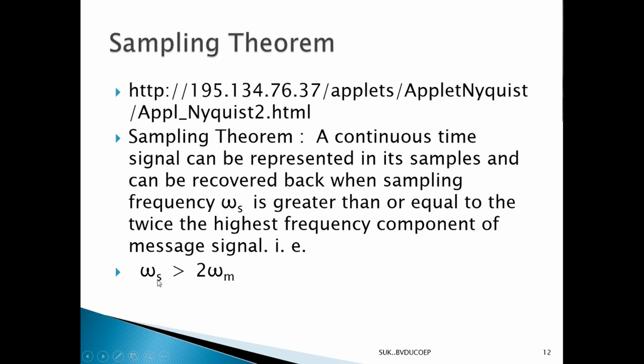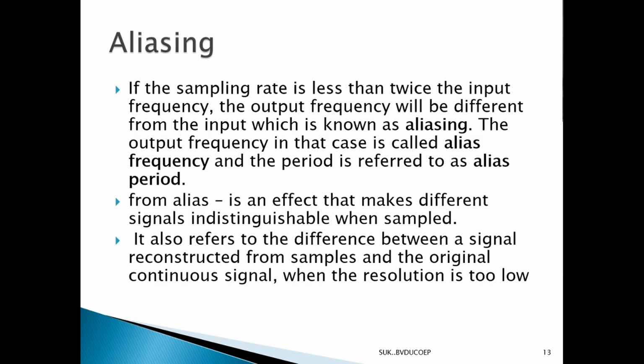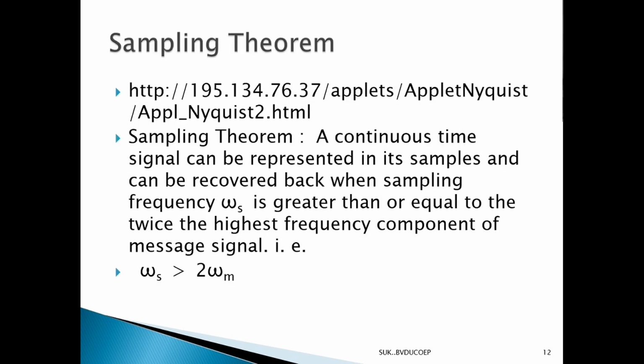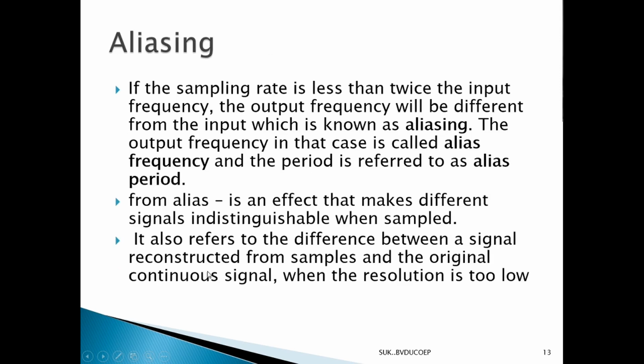What is the meaning? The sampling frequency should be greater than twice the signal frequency. Suppose your signal is 100 Hz. Now the sampling frequency should be 200 Hz, or greater than 200 Hz. That is the meaning of this saying. We will understand this further by waveforms.